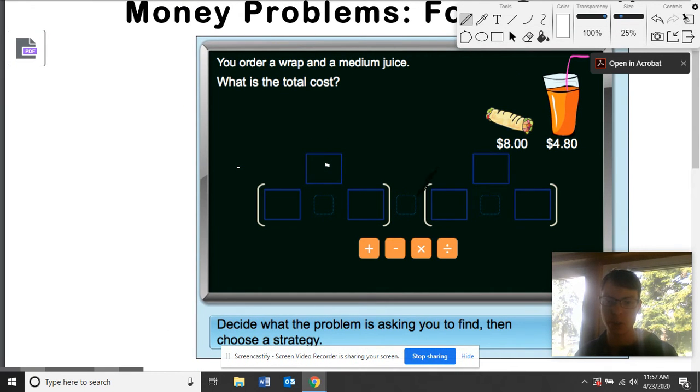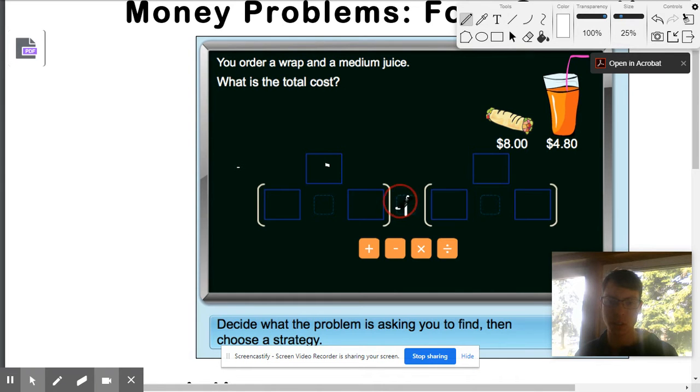So I'm going to just draw a little add sign here, okay? Now, in this question, it looks a little confusing, but all it's doing is breaking it down, okay? So you have $8 here, okay? And you have $4.80 here. And you have how many burritos?